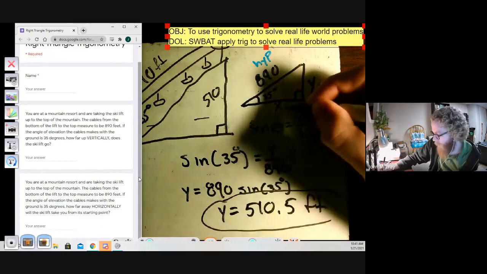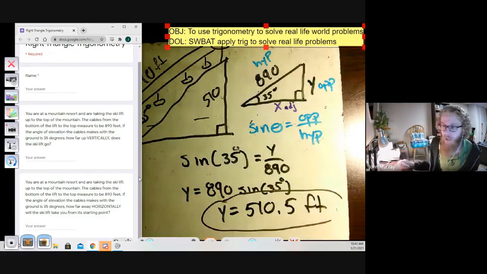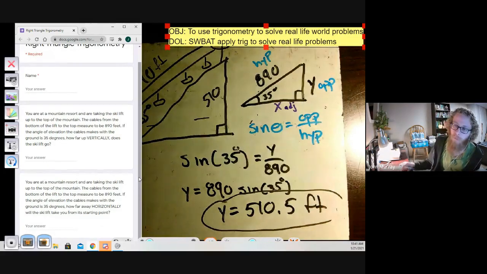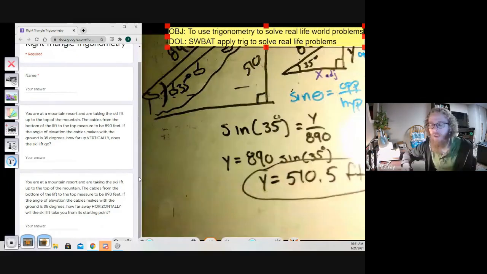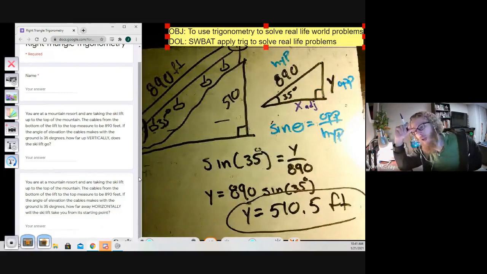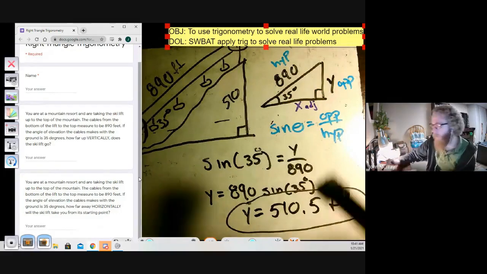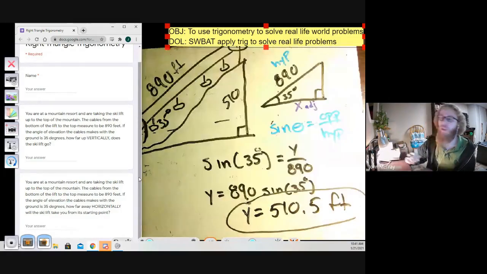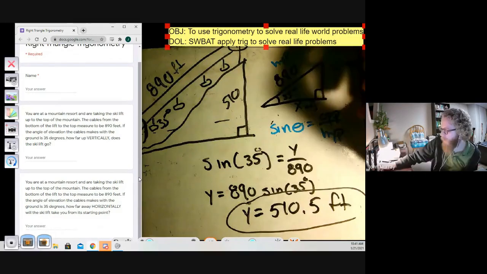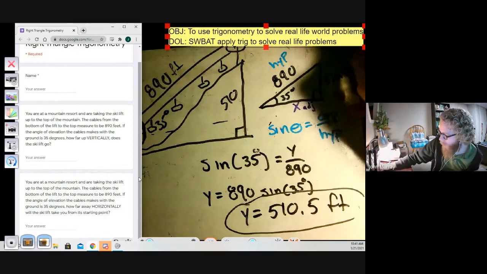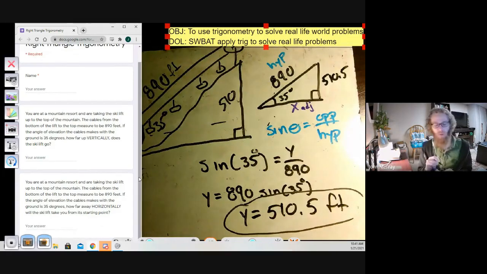So the other side that I would be looking for would have to be the adjacent. Actually, I could use the Pythagorean theorem because I have two of the sides, and I'm looking for the third. So that's one method.